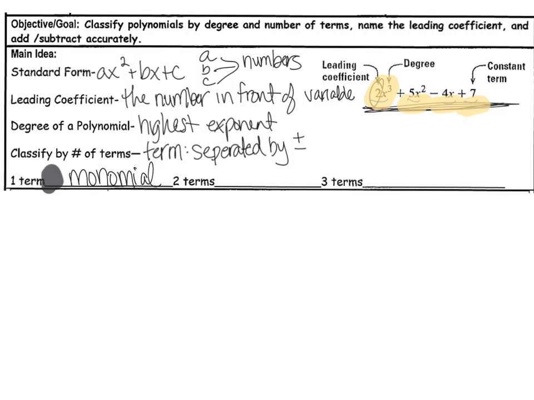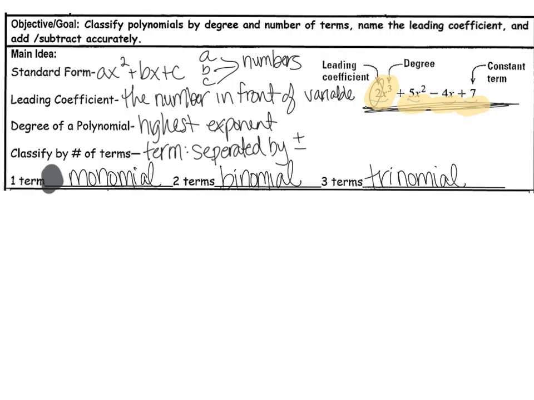2 terms is called a binomial. Bicycle, 2 wheels. Bifocal, 2 lenses in one glass, like 2 separate pieces of glass in reading glasses. 3 terms, trinomial.